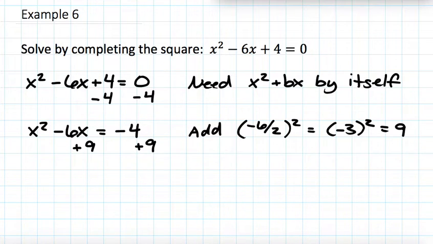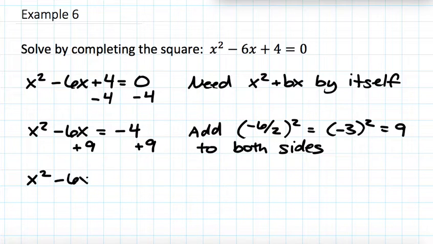And the other thing here is that since this is an equation, if I'm going to add 9 to one side, I also have to add it to the other. What you do to one side, you have to do to the other side when you're solving equations. So I'm going to add 9 to both sides. That's going to give me x squared minus 6x plus 9. On the right side, -4 plus 9 is 5. The next step is to factor the left side.